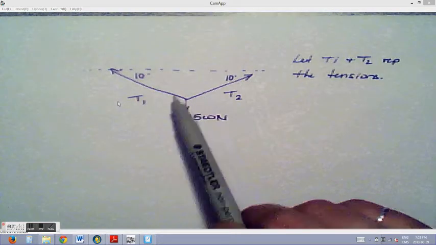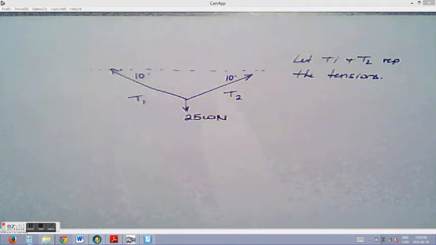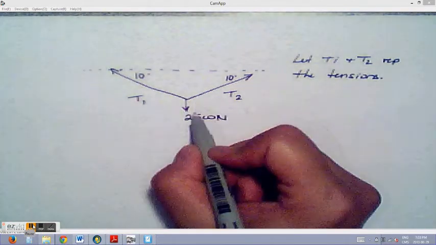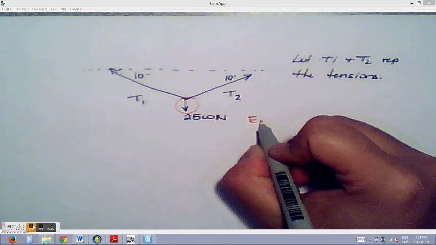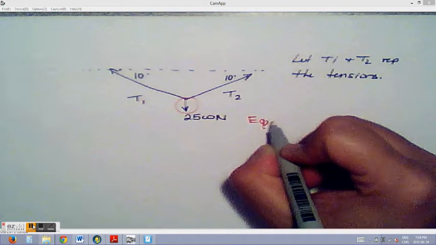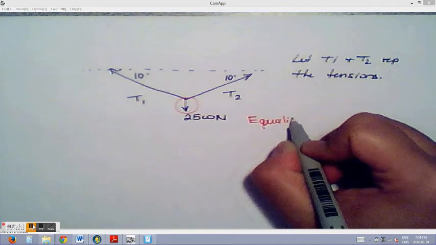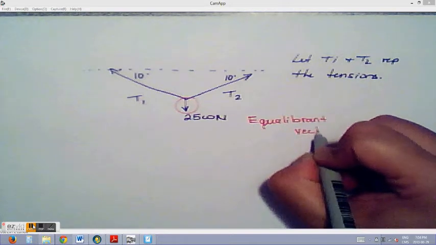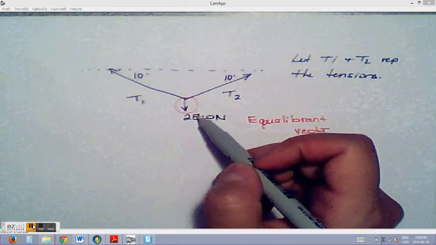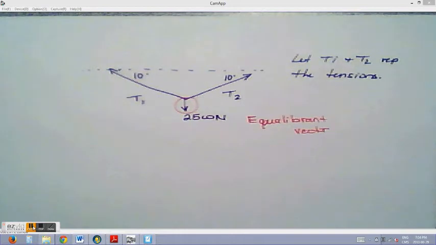They have to be equal in magnitude or this object would be moving, or the traffic light would be moving. So in this particular example, this weight pulling down is actually our equilibriant vector, that keeps everything in balance. Okay, so let's move on to actually finding the tensions in each of the wires.